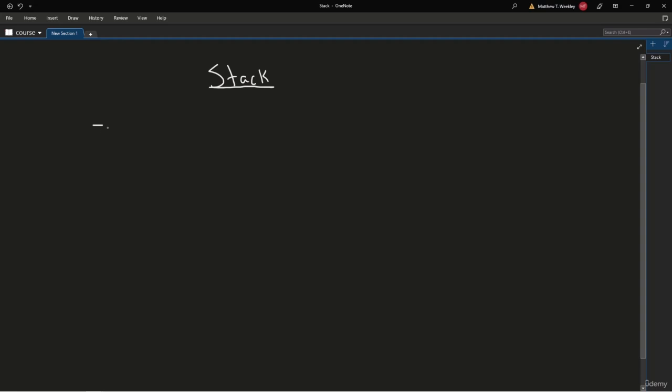So the first thing to know about a stack is there's a specific order in how we insert and remove elements.